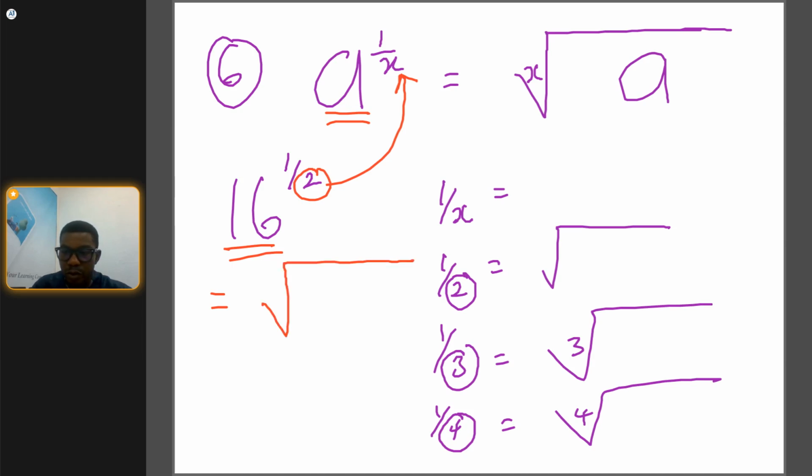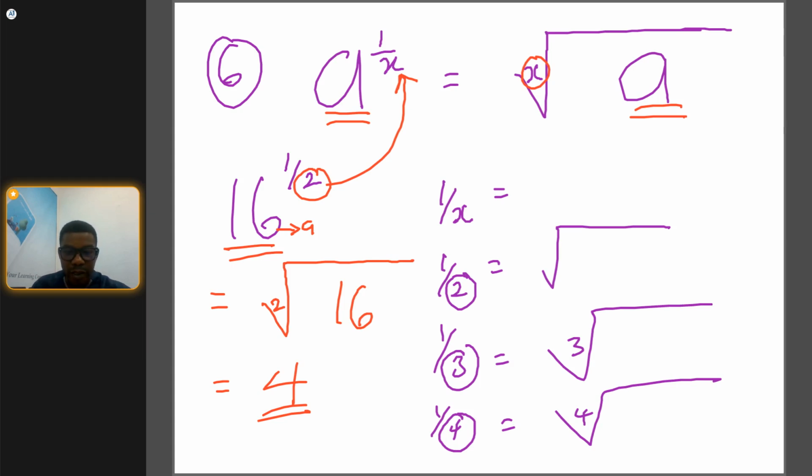Draw my square roots. And inside the square root here, if we have X here, and my 2 represents X, that means I will have 2 here. That's square root, of course. Then this is A, and my A here represents 16. That means I have 16 inside here. So it means the square root of what? 16. And the square root of 16 will be what? 4.